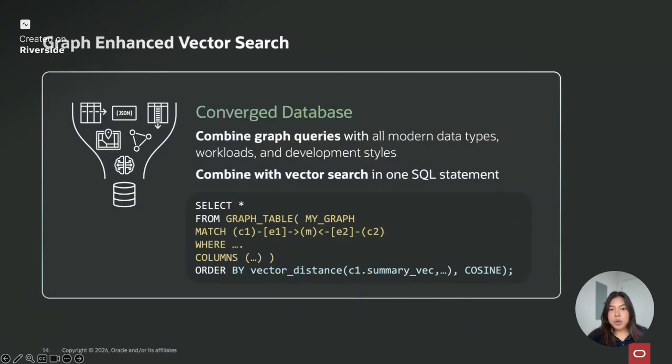And I am going to go over an example where we're combining vector search with graphs in a notebook. But basically, as I said before, you have the Converge database. You're able to combine different data models and get a lot of value from your data. And all of this can be done using SQL.